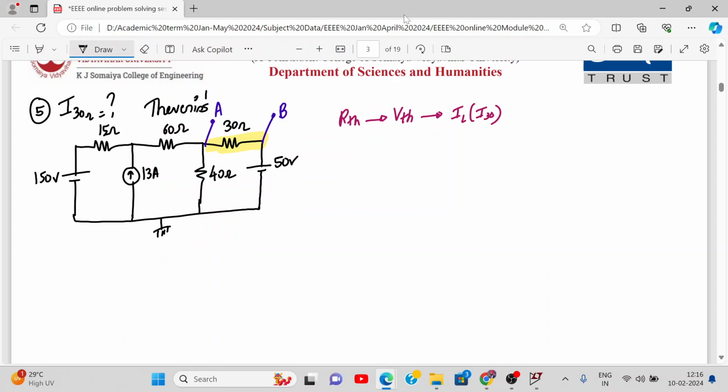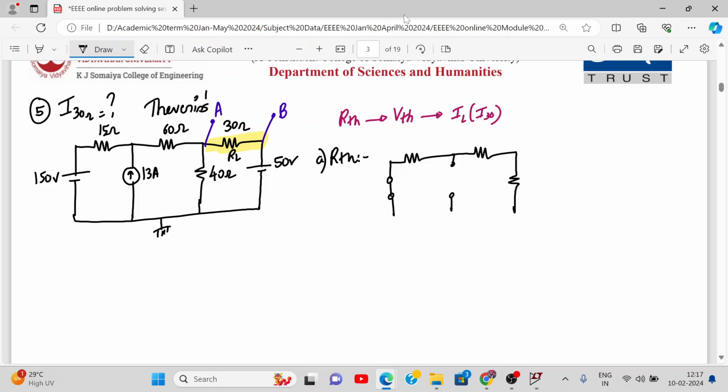First let us start with RTH. For RTH, we deactivate all sources and we remove RL. This is RL, so we remove RL and redraw the circuit with sources deactivated. The voltage source will become short circuit, and the current source will become open circuit.